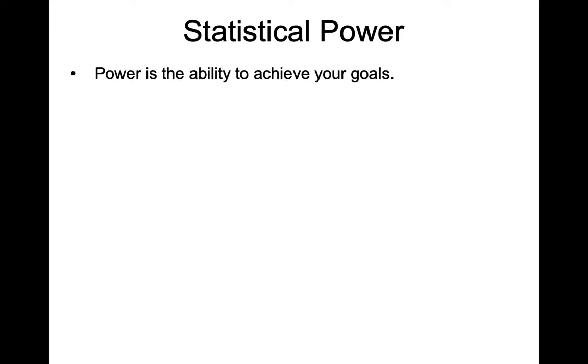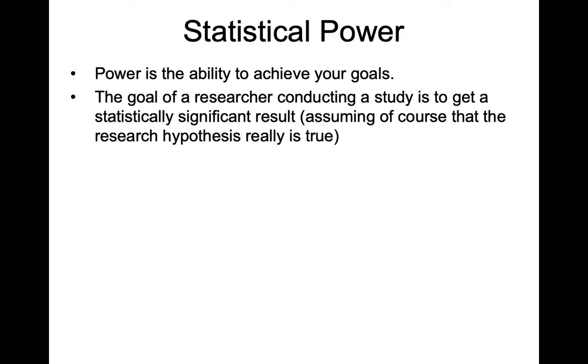All right. So generally speaking, power is the ability to achieve our goals, and the goal of a researcher conducting a study is to get a statistically significant result. Okay, assuming, of course, that the research hypothesis is true. So researchers that try to create a new drug that will reduce pain or cure cancer, or researchers that are trying to come up with a therapeutic intervention to reduce depression or reduce anxiety.